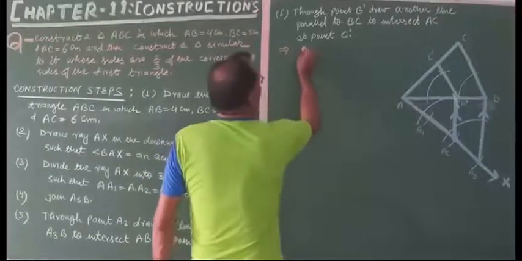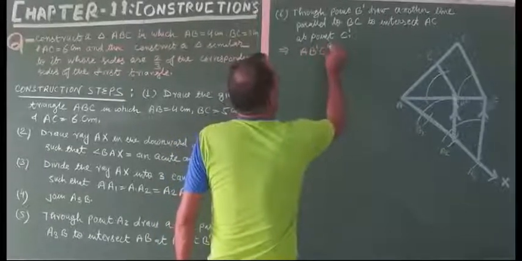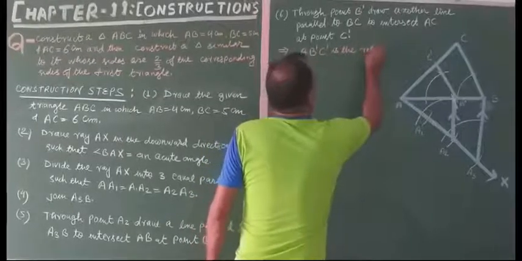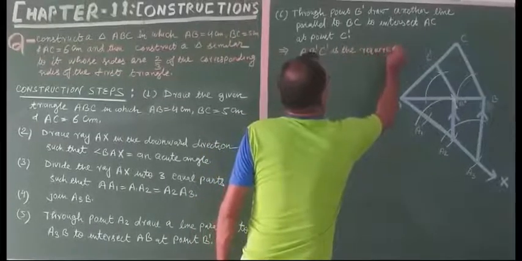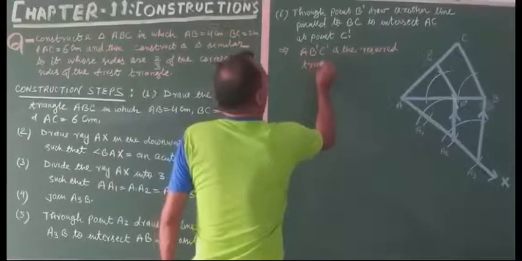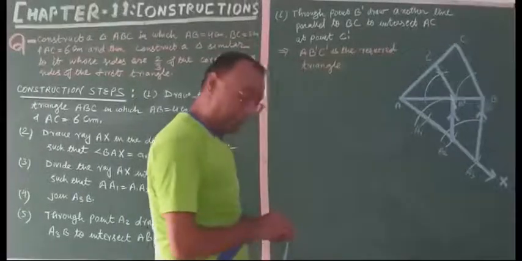A, B dash, C dash is the required triangle. Is it there?